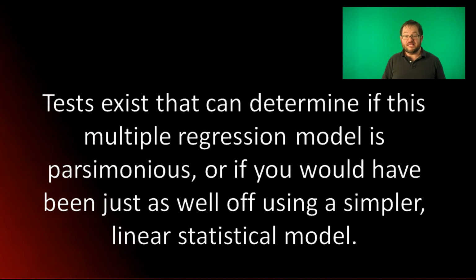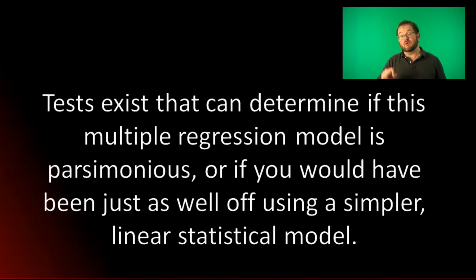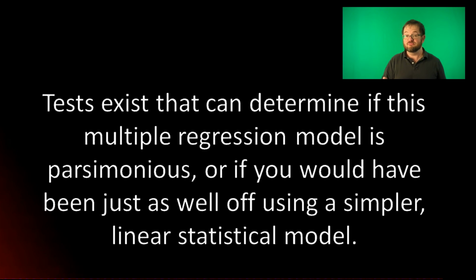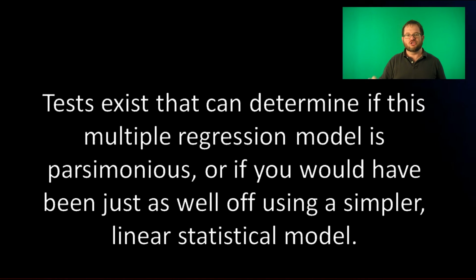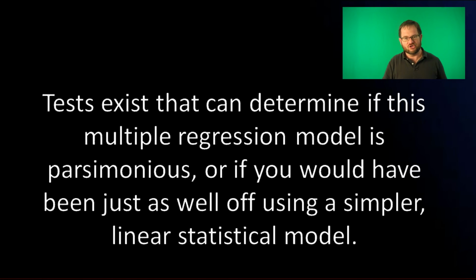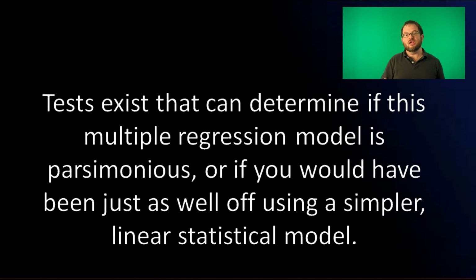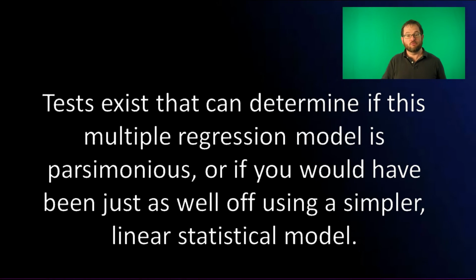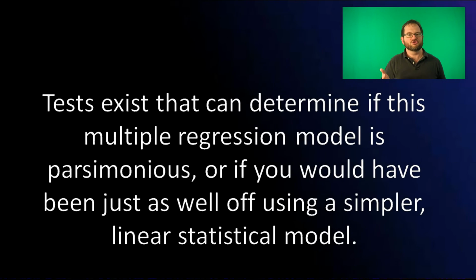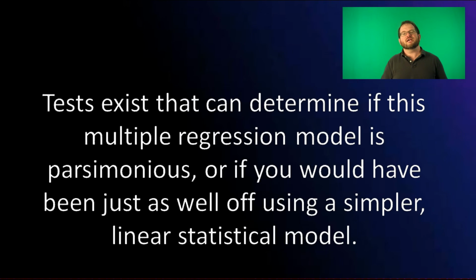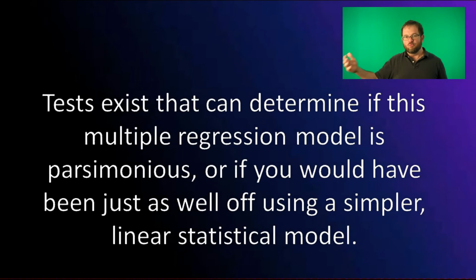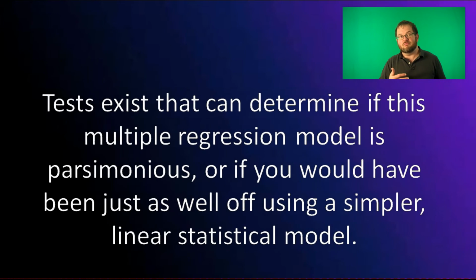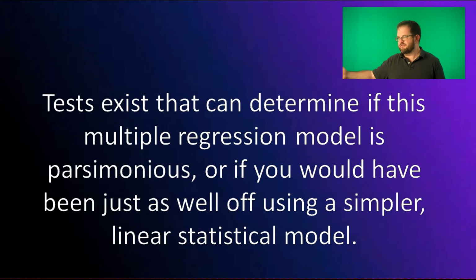For that matter, tests exist that determine whether the multiple regression model that you're creating is parsimonious. Or would you have just been better off not making a multiple regression in the first place and just using a linear regression? Let's say we were on that example of Howells, Ord, and Falls City. Making a forecast of the temperature in Howells as a function of Ord is simpler than making a model of Howells as a function of Ord and Falls City.